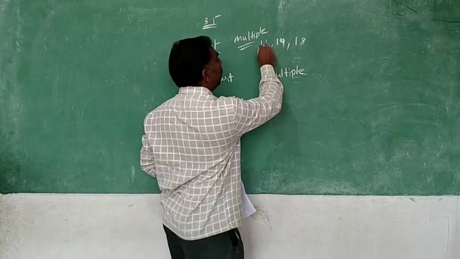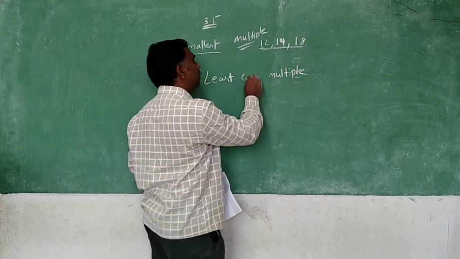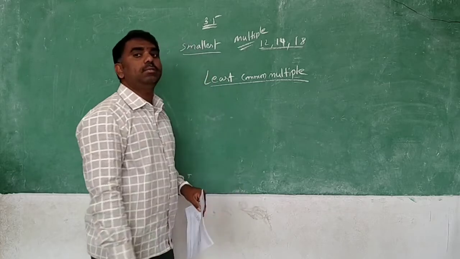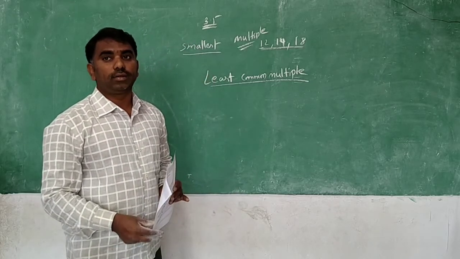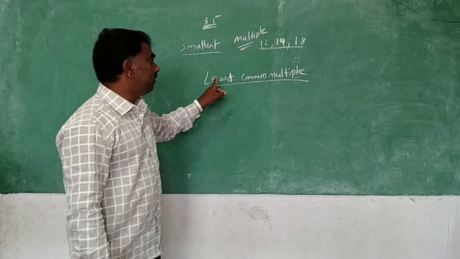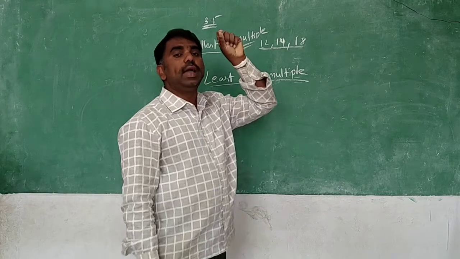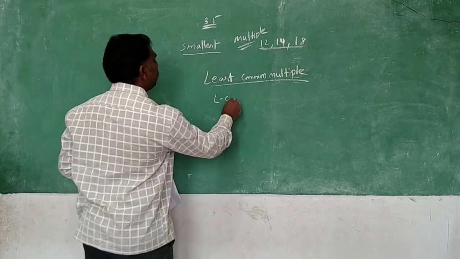There are so many numbers in that, so we need to find the common ones. So what should we find here? Common multiples. So find the least common multiple, which means you need to find the LCM. Very good.